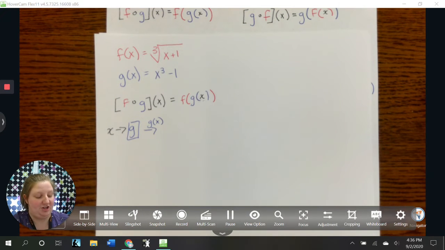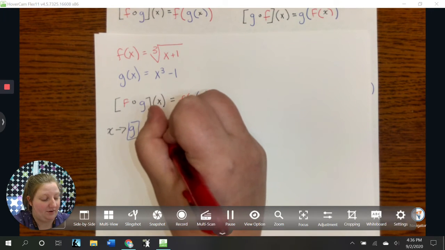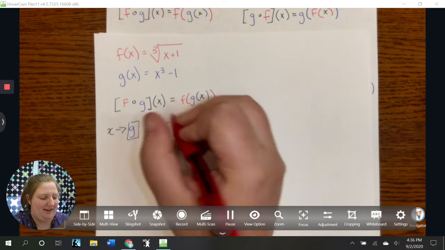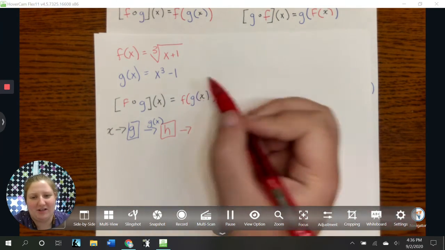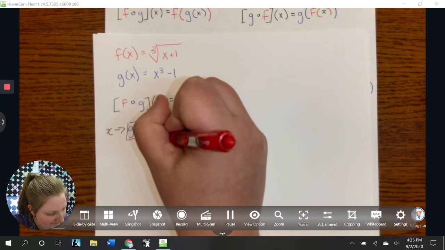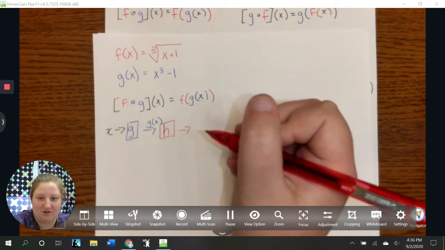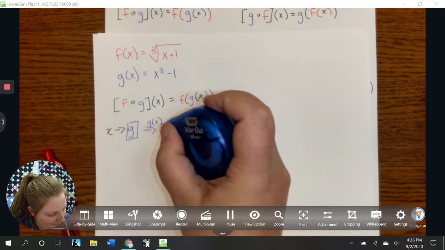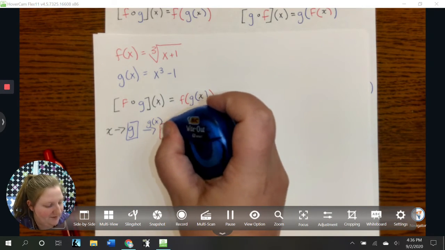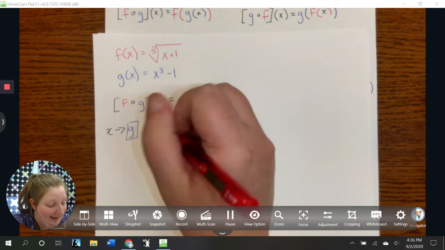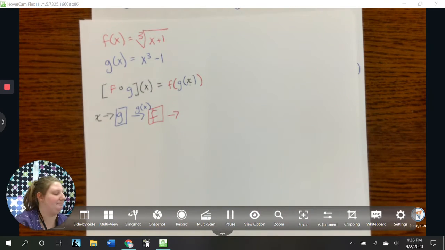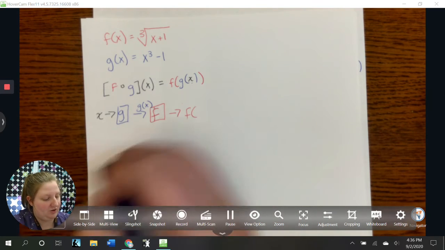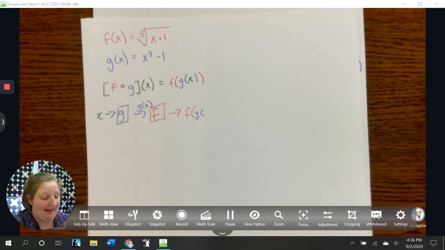Then we take g of x and plug it into our function f, and when we do that, we get f of g of x.